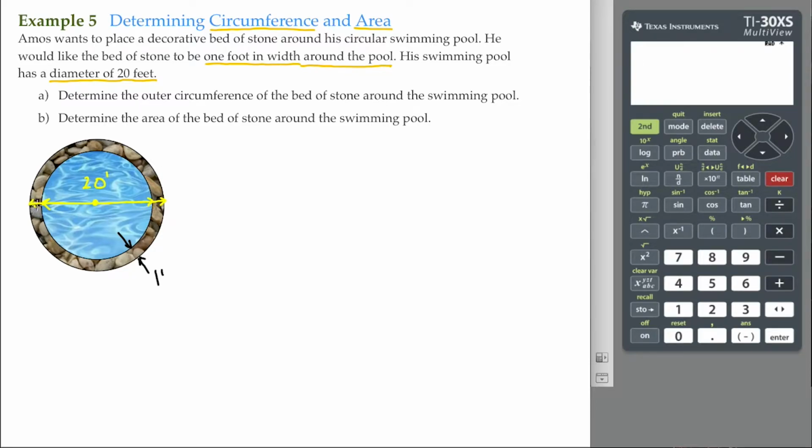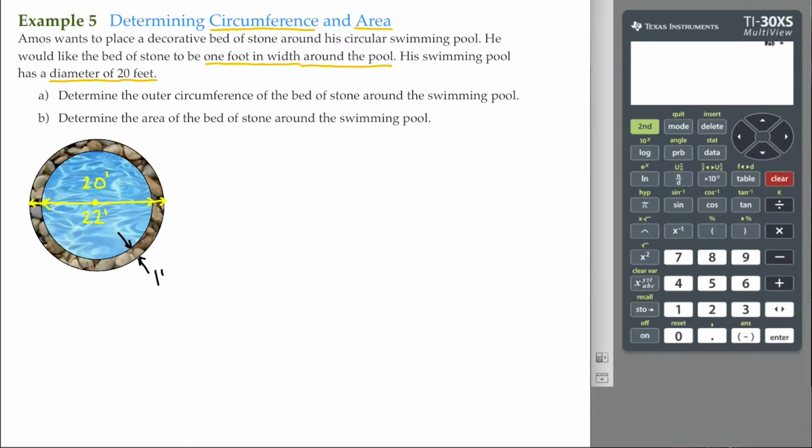So from here all the way to the outer edge of the other side, that's going to be 22 feet. We've got 1 foot here, 20 feet here, and then another foot here for 22 feet. So from the outer edge of the bed of stone, that's a diameter of 22 feet. Thus, it will have a radius of 11 feet.